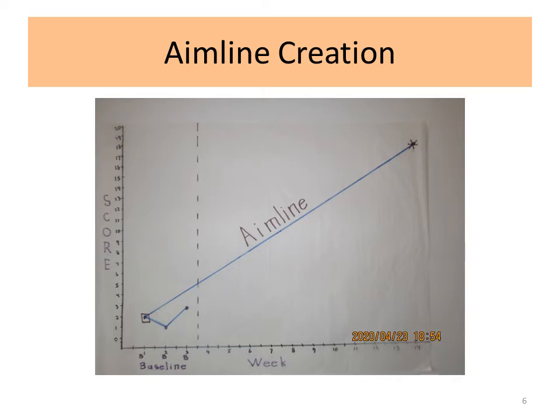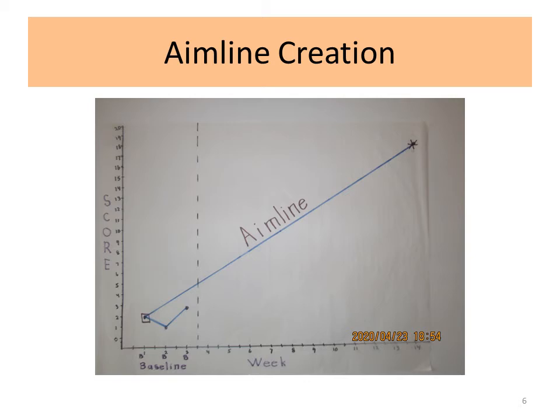Then you connect the middle ranking number of the baseline with the final score. That is your aim line. That's the goal line. That's where we want our student to be. We want the student to progress that quickly to the end goal at the 14th week.